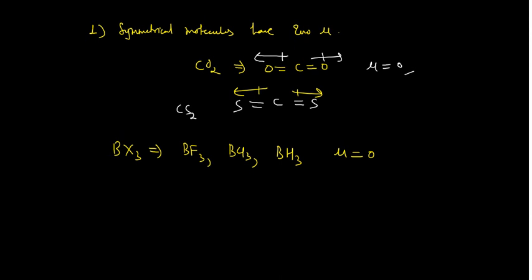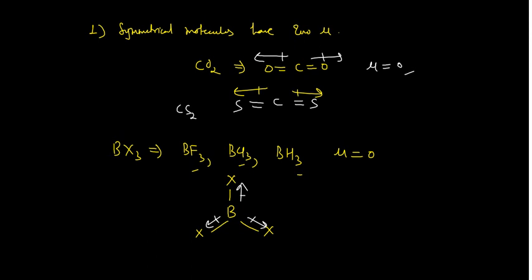I am writing boron here, putting F here and Cl, not X. You may consider X as anything, HCl or anything else. Certain bond moments will be there, but it is a perfectly symmetrical structure.